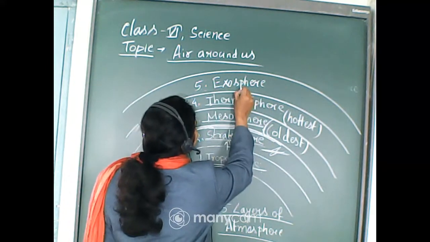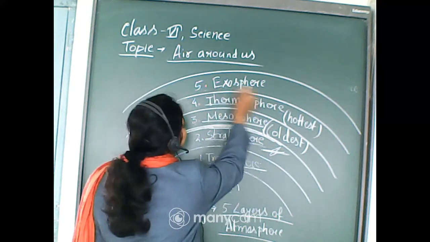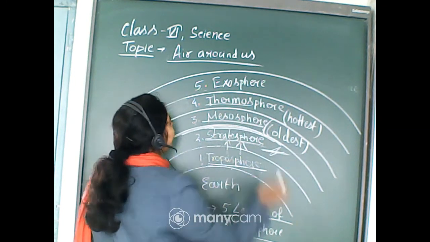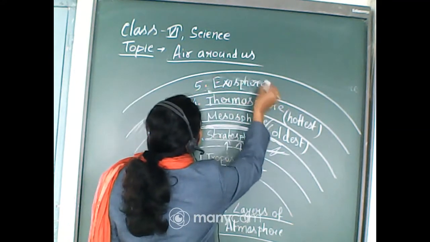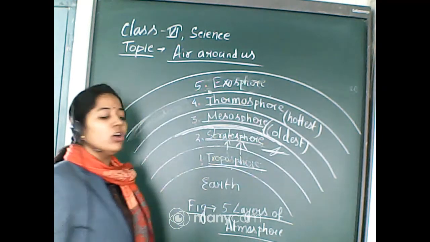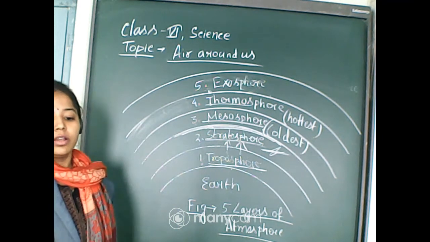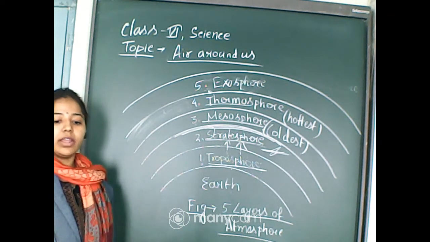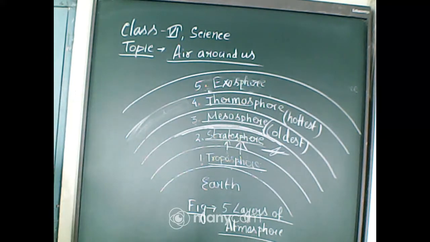And the exosphere is the outermost layer of the atmosphere, and it continues into space. Okay, I hope you understood these layers of atmosphere, and if you have any problem you can ask me in the e-portal.